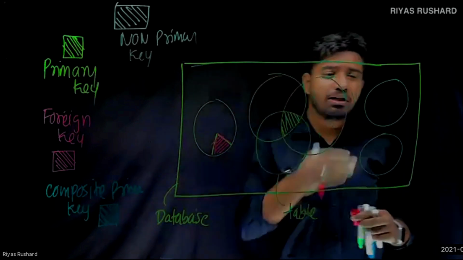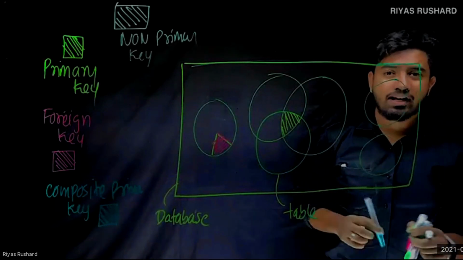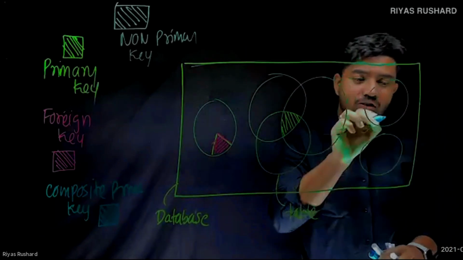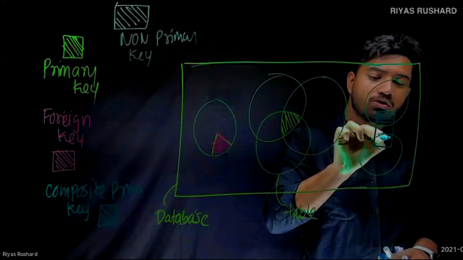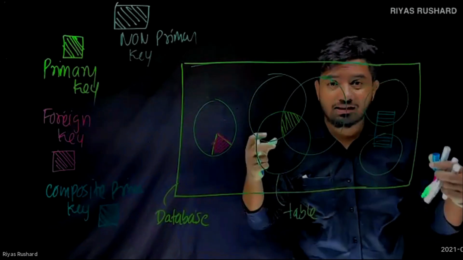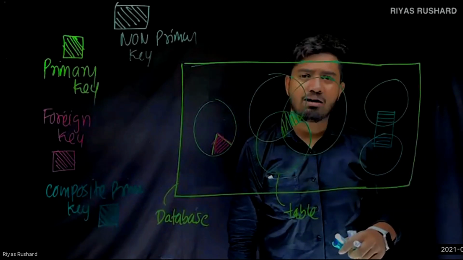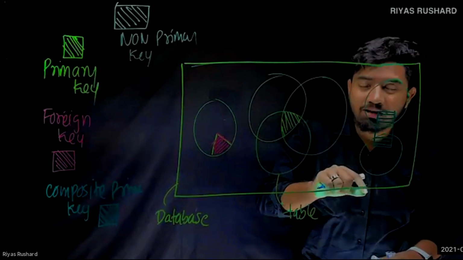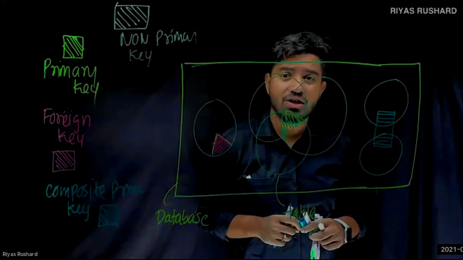Then there can be tables that cannot be uniquely identified by a single column. So what we do is join two columns together. For example, your name and your phone number together give a unique identification.